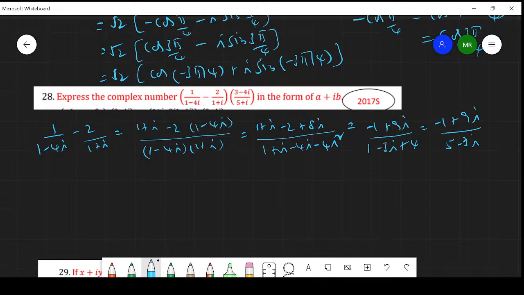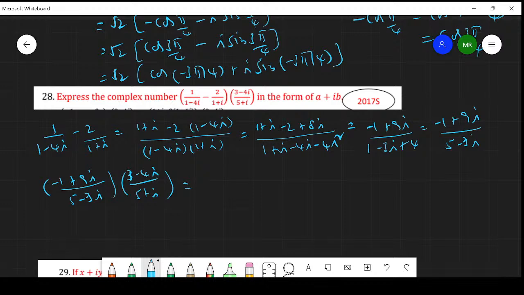Now I should multiply this minus 1 plus 9i by 5 minus 3i into 3 minus 4i by 5 plus i. I should multiply this, the given 5 plus i, right?